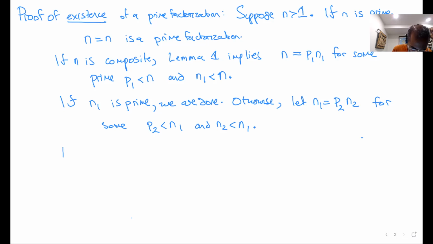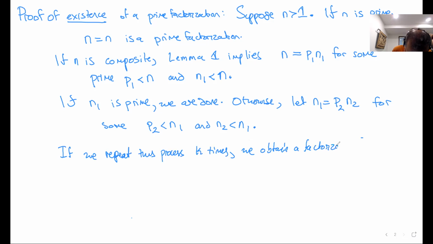Let's say if we repeat this process k times, we obtain a factorization n equals p1 n1, which is now p1 p2 n2, which if you do this k times, you get p1 p2 all the way up to pk nk.